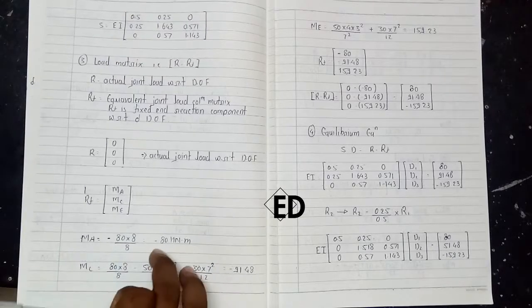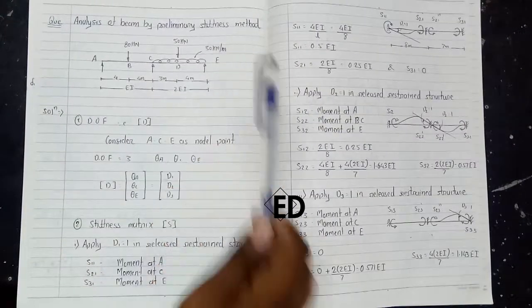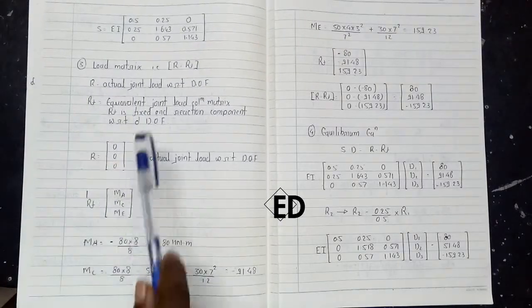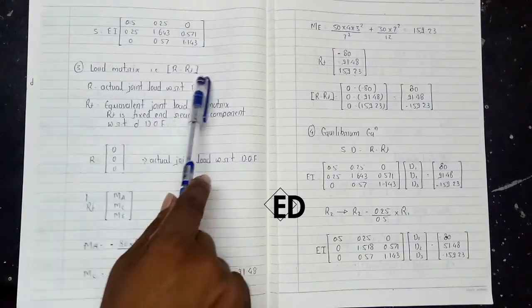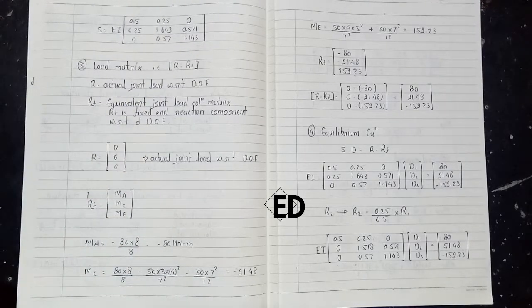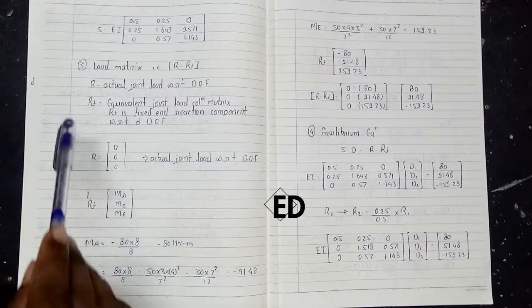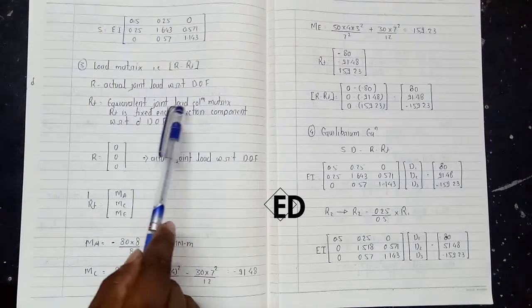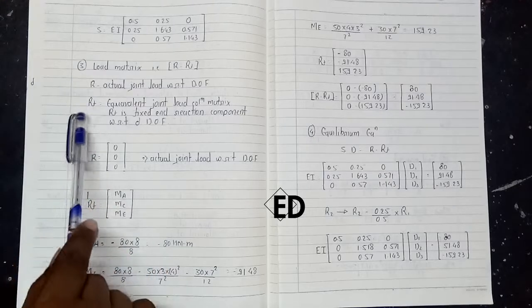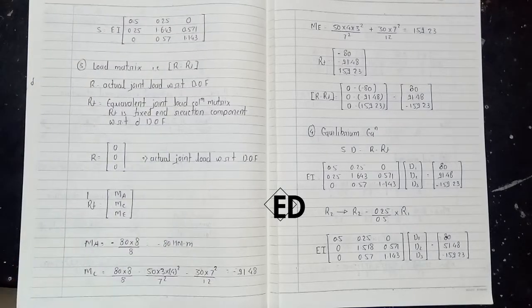As the method is called the preliminary stiffness method, here I calculate the load matrix, which is represented as R minus RF, where R is the actual joint load, meaning the load acting at a joint, and RF is the fixed end reaction component with respect to the degrees of freedom.